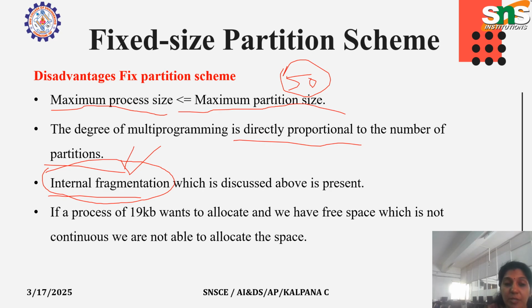That is an important thing. If a process of 19 KB wants to allocate and we have free space which is not continuous, we are not able to allocate the space. Since it is contiguous memory allocation, only continuous memory blocks are going to be allocated. So then and there you have free memory, but you can't afford it for the next coming process.